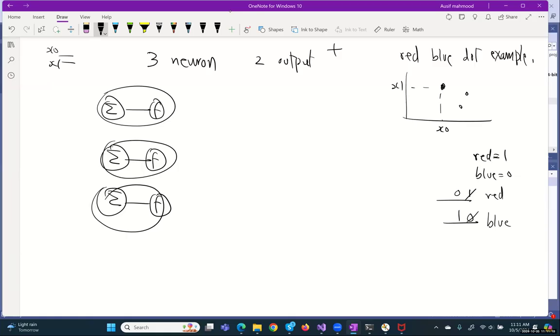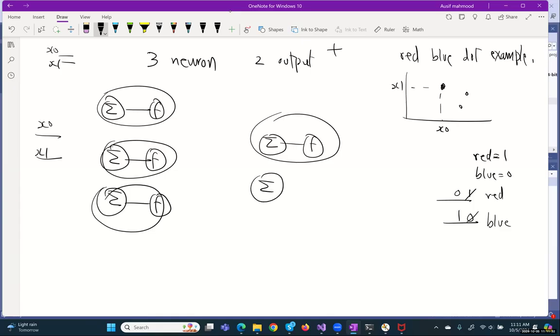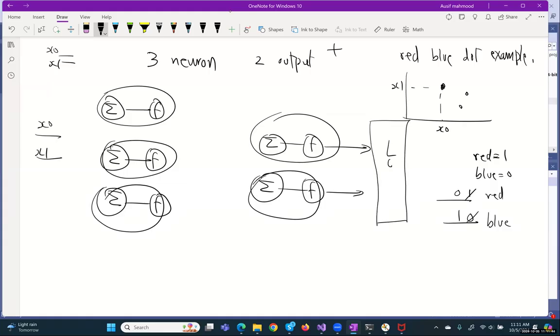If we draw our architecture, this is X0, this is X1, and now we need two neurons on the output, and here will be our loss function.